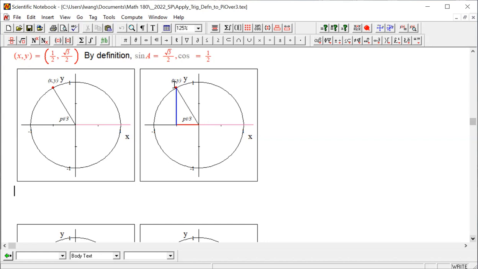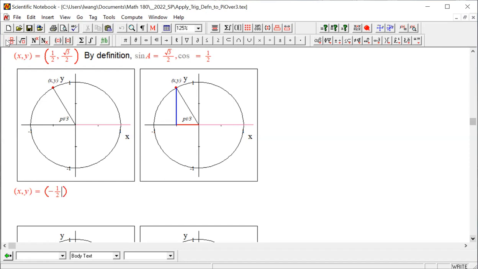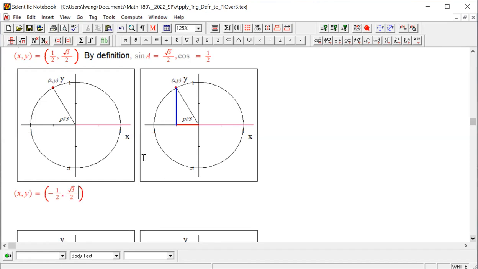So this point, x comma y, is going to be negative half, right? X is negative, and y is √3 over 2. So this is cosine, and that's sine.